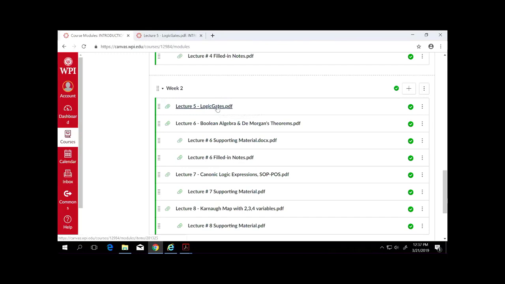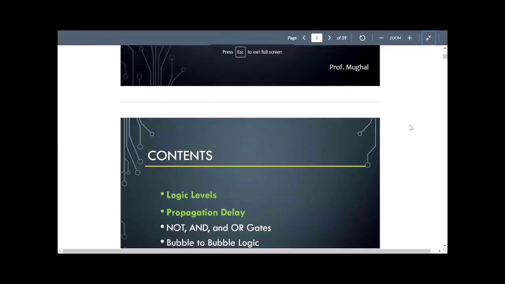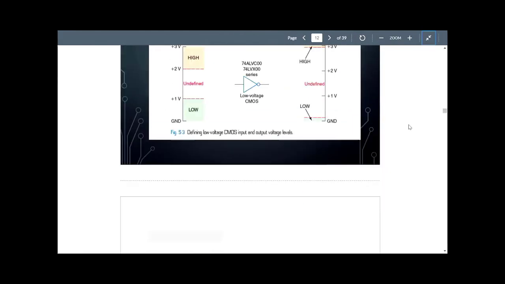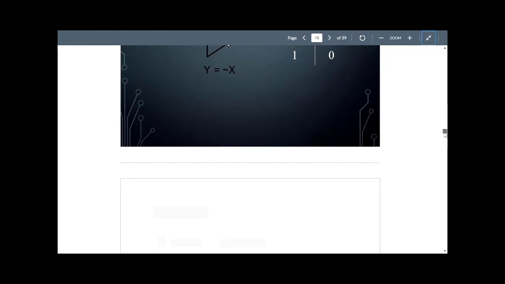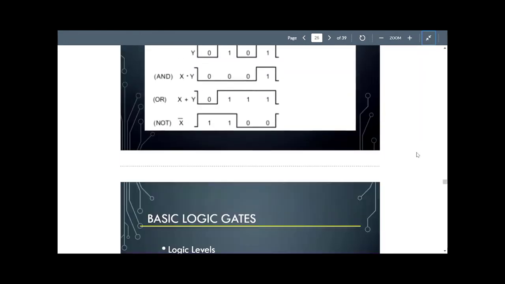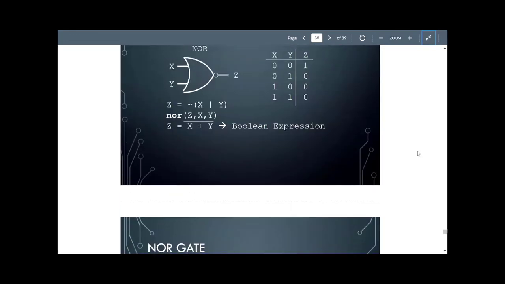And if you look at lecture number 5, we had one of the slides where we discussed NAND gate as a universal gate here.